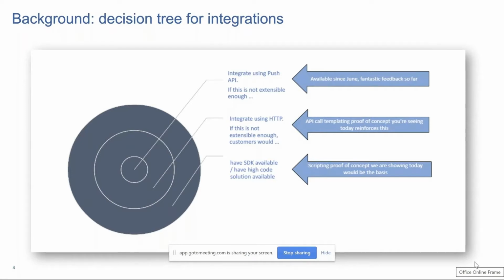The extension of the HTTP integration, coming in the shape of API call templating, is one of the previews of potential feature adds that we have on our mind. The same goes for the scripting, the high-code solution that we will show you today.